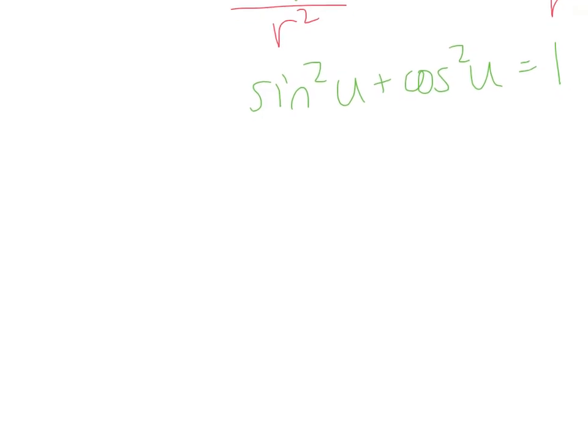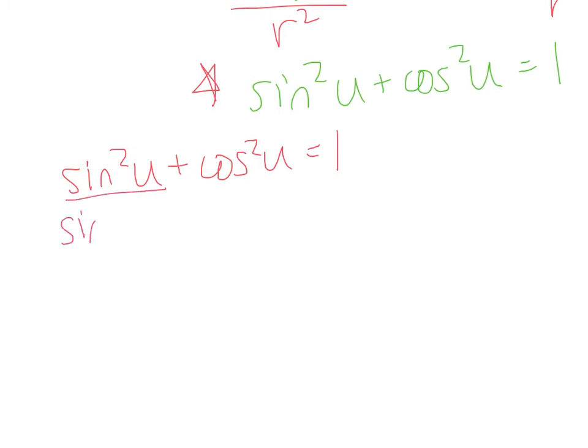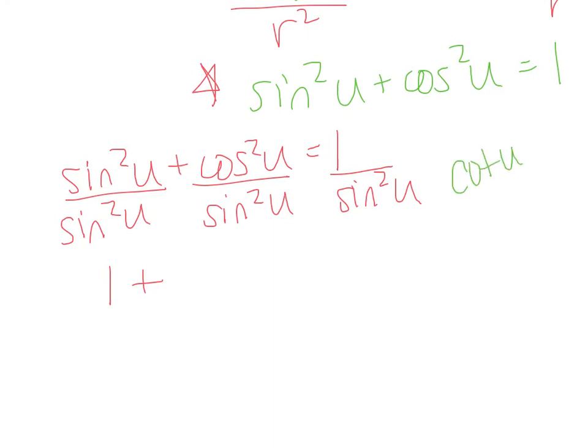If I take that equation, so here's one of our major ones, and I divide everything by sine squared u, I've now transformed this into 1 plus... We know that cotangent u was cosine u over sine u.